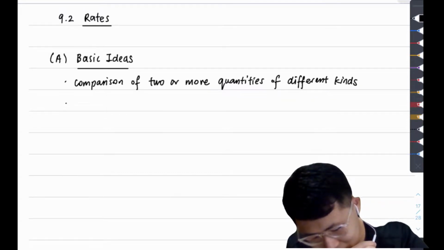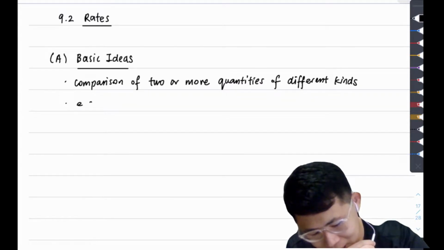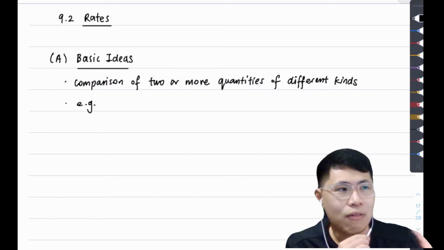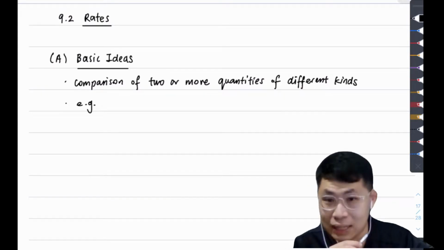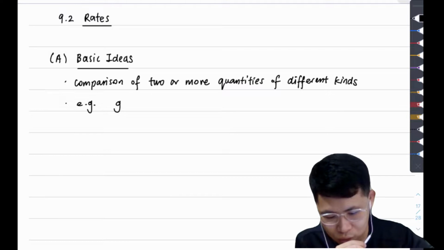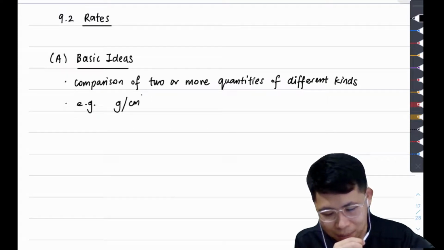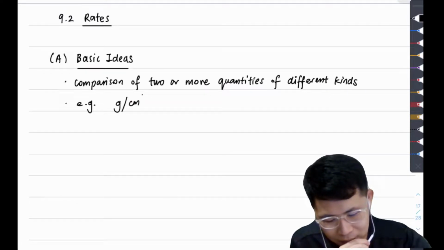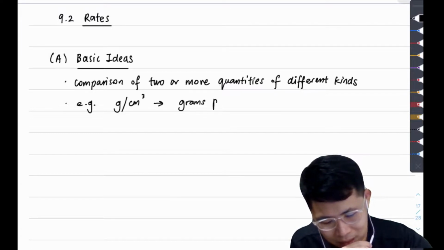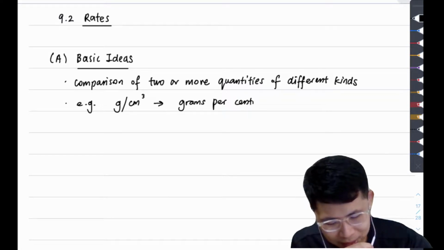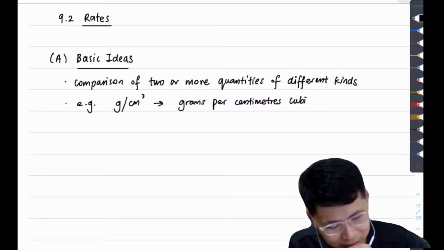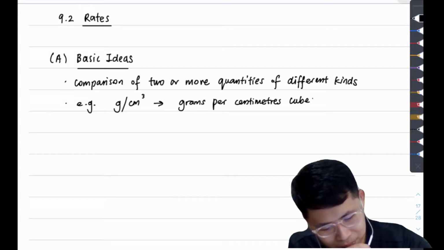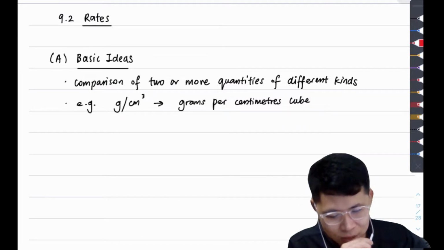One example that I can give is something that you've learned in science. Do you know the unit for density? Density has a unit of g/cm cubed. Normally we read this as grams per centimeter cubed, or grams per cubic centimeter.